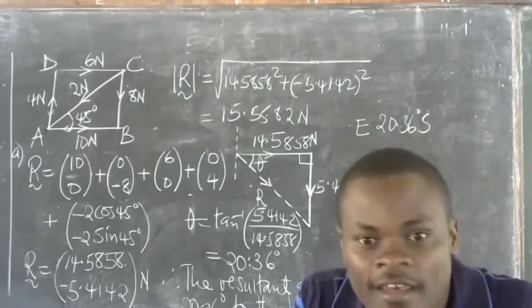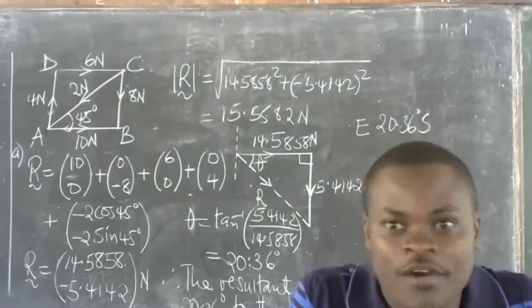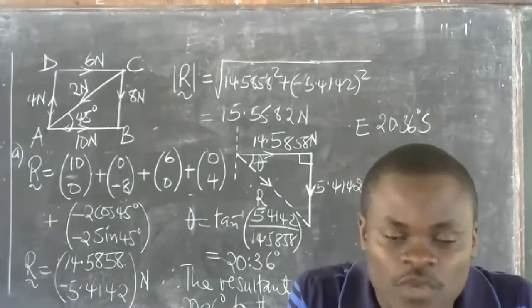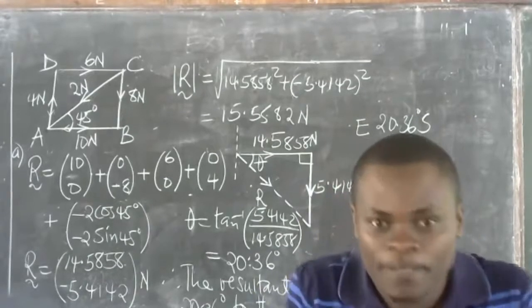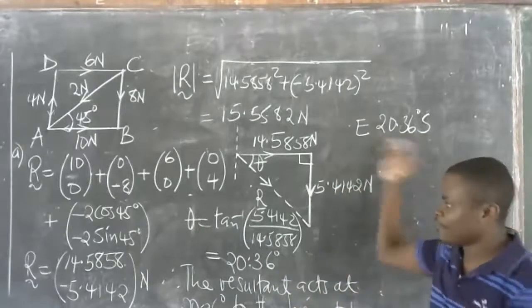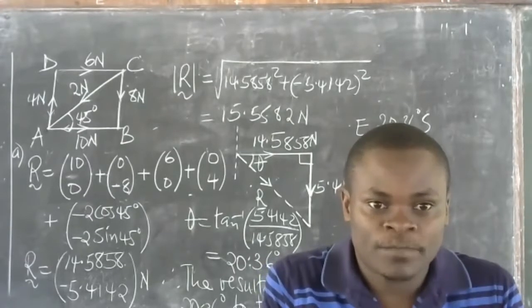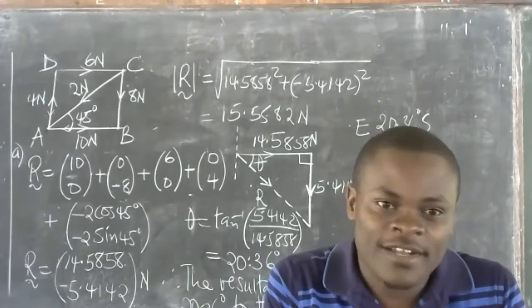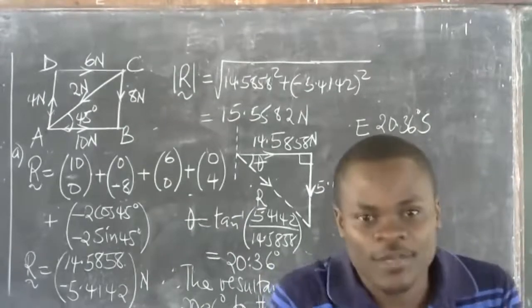It says the resultant is acting at that angle to the horizontal. The resultant acts at 20.36 degrees to the horizontal. Or you can even use the direction, the bearing form. So that is part A. For all other examples, I'll even skip that part unless you have questions.